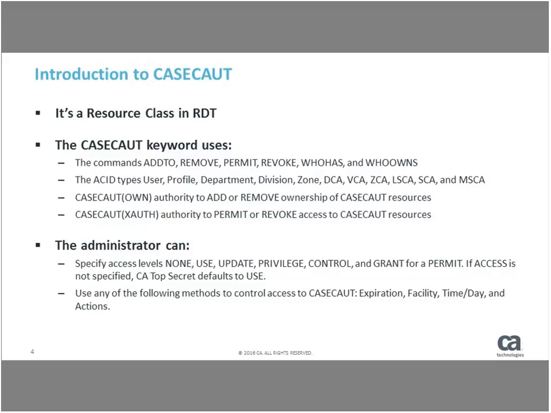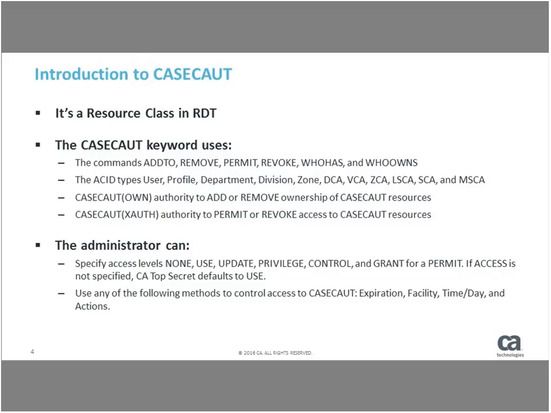A couple of things to really highlight here: in order for an administrator to permit out CA CASECAUT, they have to have authority, for example, to add ownership for that resource, the CA CASECAUT resource. They would have to have CA CASECAUT own authority to actually own that CA CASECAUT resource. And also to permit or revoke these resources, that administrator would need XOF authority.